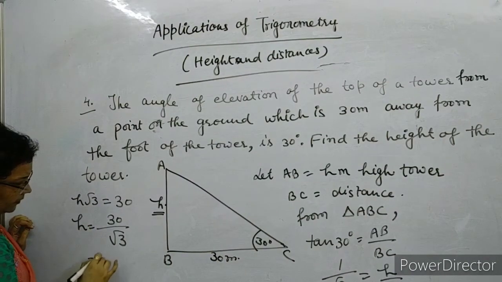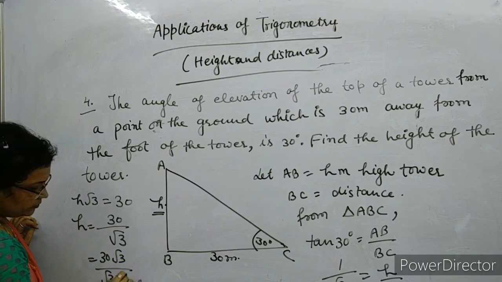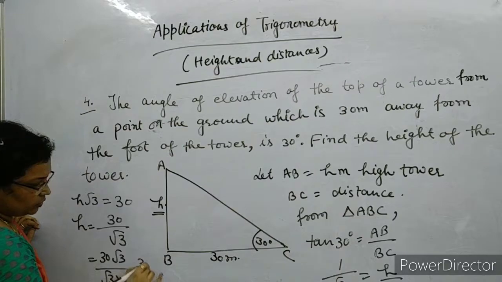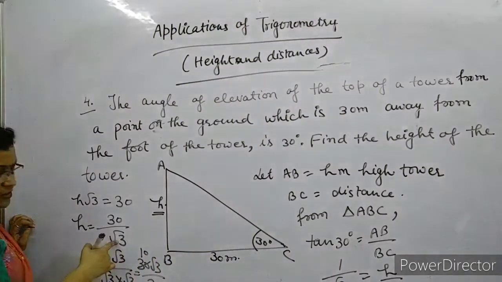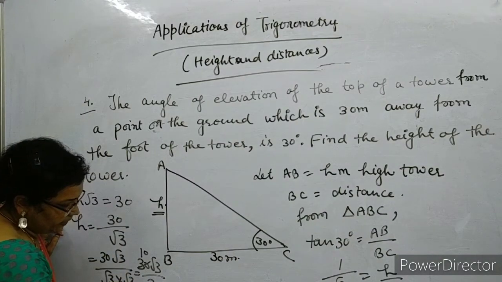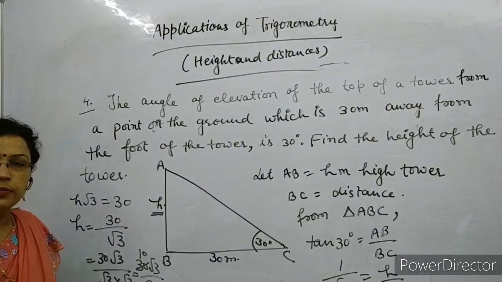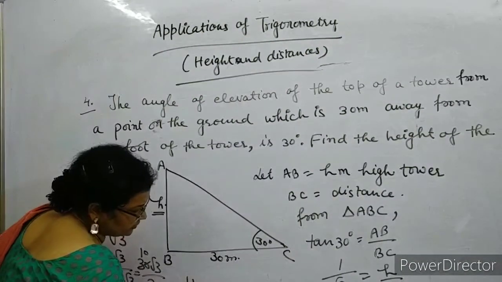Rationalizing, it will come 30 root 3 by 3. Students, we can't leave this 3 in the denominator because it is not a proper manner. So 10 root 3 meter will be the height. Since it is a word problem, we will conclude the answer.